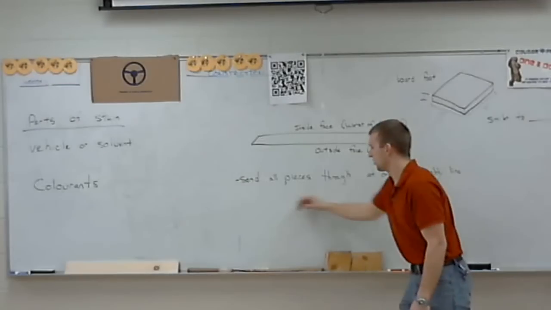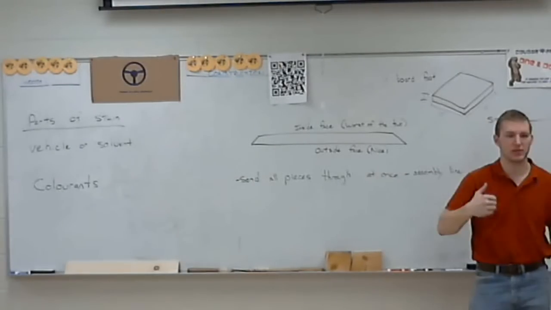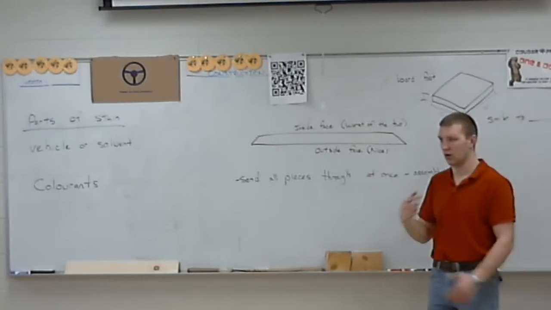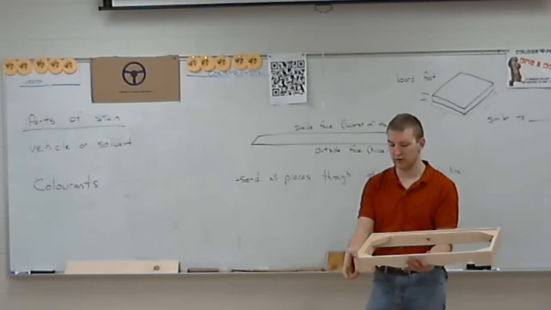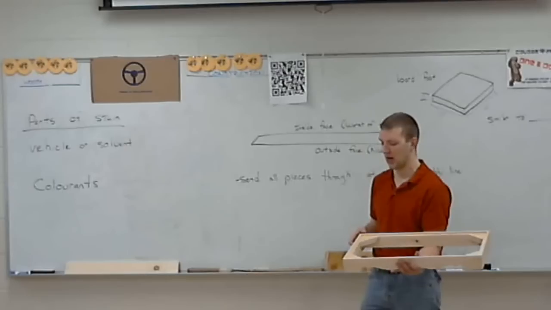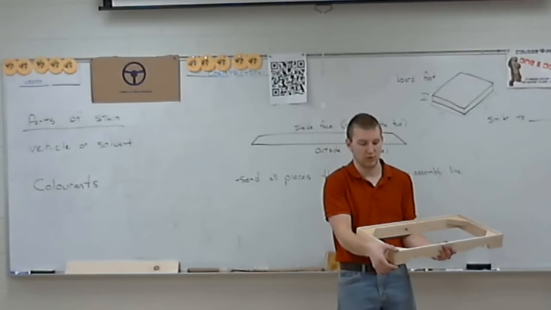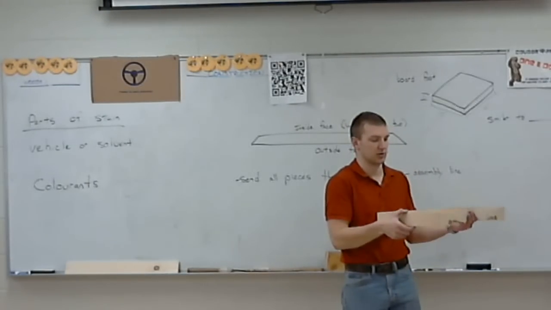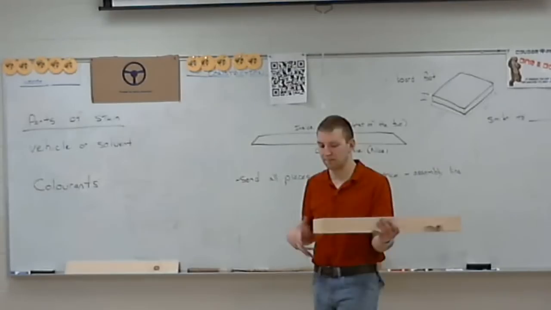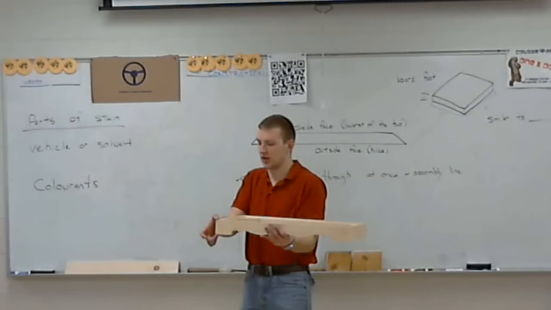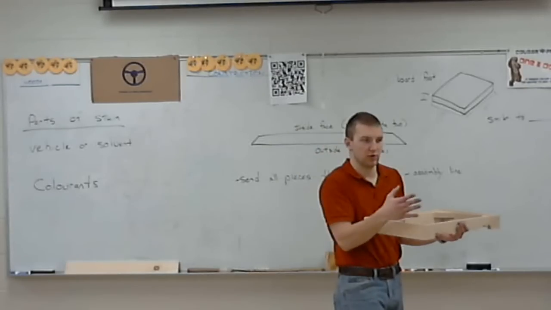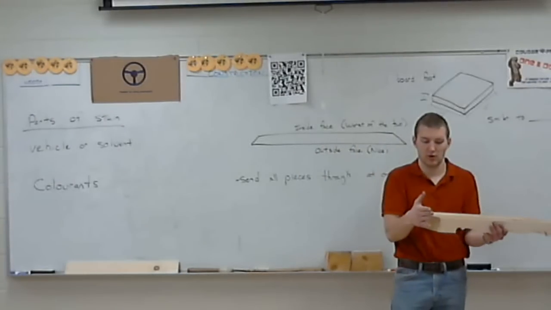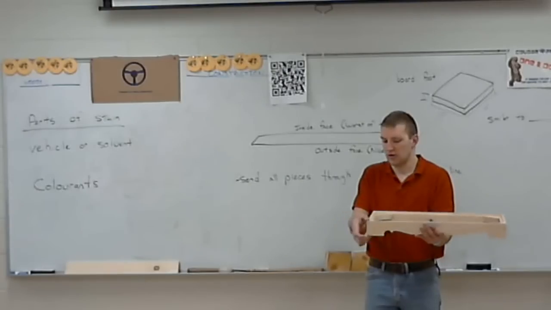To help you, have all your pieces and do the same step to all of them at the same time. If you're cutting them to finished width, cut them all at the same time so it's easier to have your corners match up nice and flush. You want to cut these to 2 and 5/8, but if you're a little bit off one way or the other and you cut them all at the same time, that's fine.